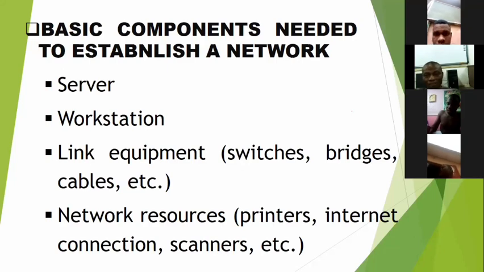It's just like for you to cross from one side of the river to the other side, you need a bridge. Without a bridge, you cannot cross a big river unless you use a canoe, a ship, or a speedboat. The same applies to a network. For you to connect one or two devices together so that they can communicate and share resources, we need equipment like switches.